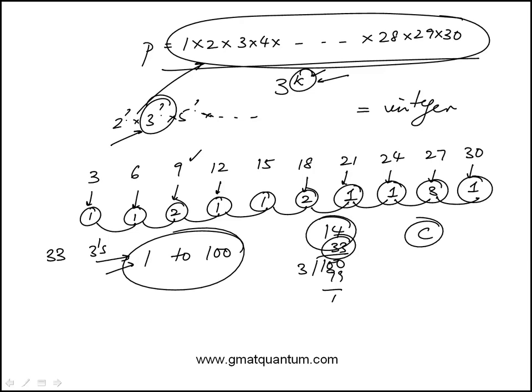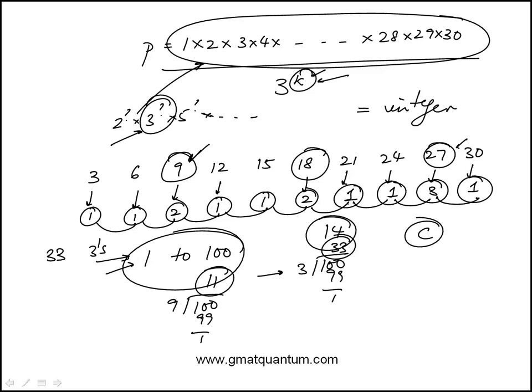But 3 comes twice in numbers that are multiples of 9, like 9, 18, 27. If I count the number of multiples of 9 from 1 to 100, I divide 100 by 9, so there are 11 of them.